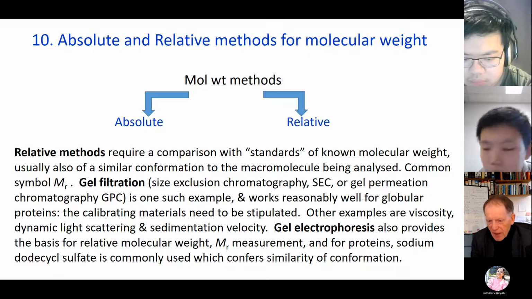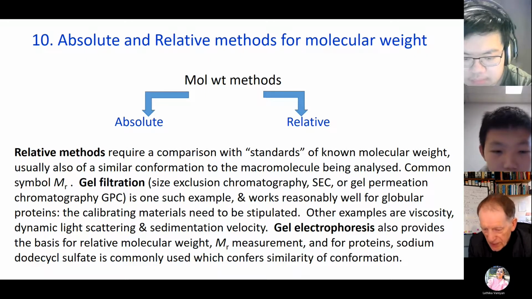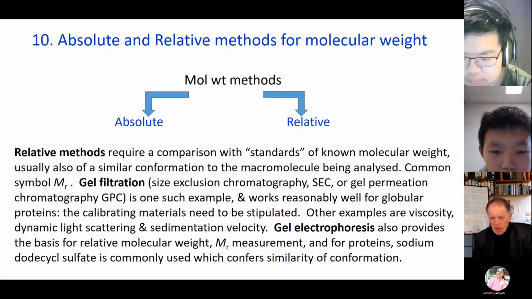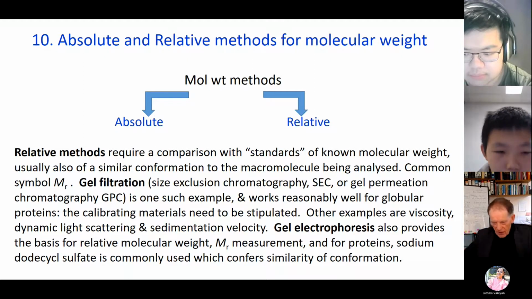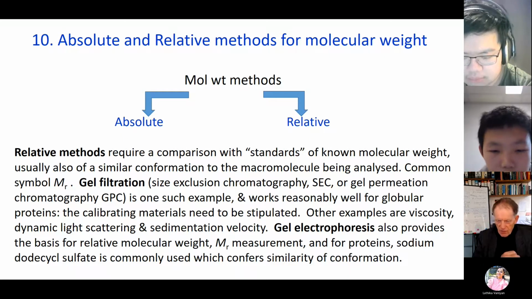Another popular relative method is gel electrophoresis, particularly sodium dodecyl sulfate gel electrophoresis for the separation of proteins and the measurement of molecular weights of proteins. So these two provide relative molecular weights, and you compare with standards, but by treating the proteins with a substance called sodium dodecyl sulfate, you confer on the proteins all the same linear conformation.